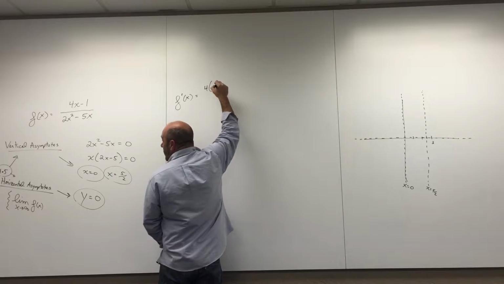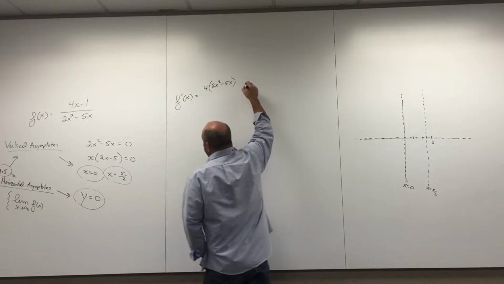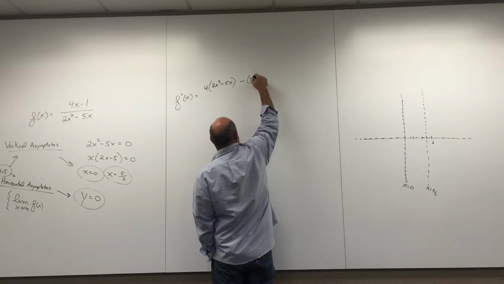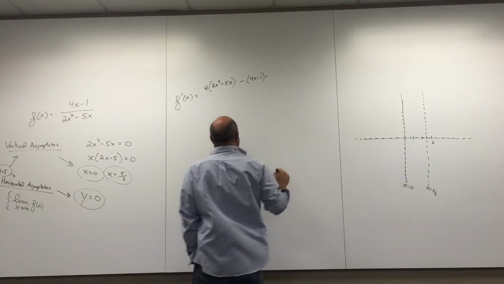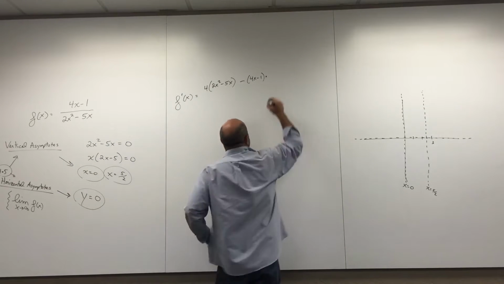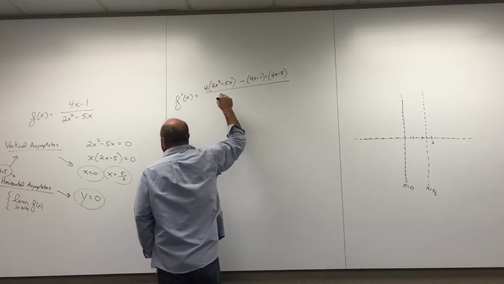Write down the bottom, 2x squared minus 5x, minus the top, which is 4x minus 1, times the derivative of the bottom, 4x minus 5, all over the denominator squared.